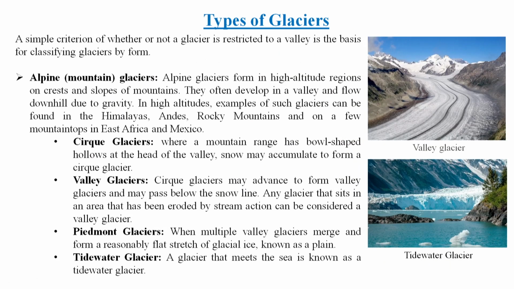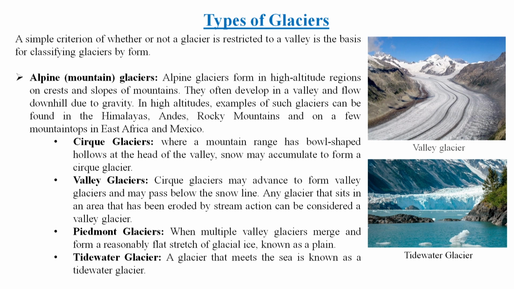So there are various types of glaciers that we can observe in continental land masses. Broadly there are two. One is the alpine type, and the other one we will be discussing in a bit. So we start with the first one, that is the alpine, which are strictly present in the mountainous region, the alpine or mountain glaciers.